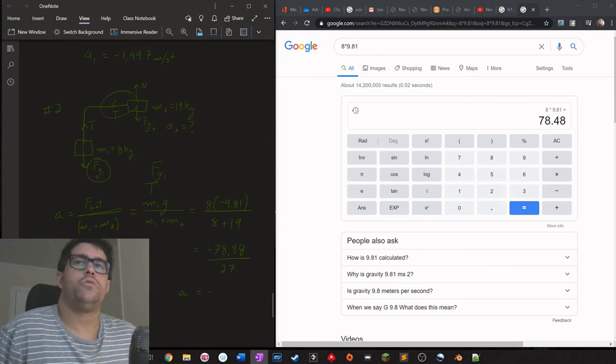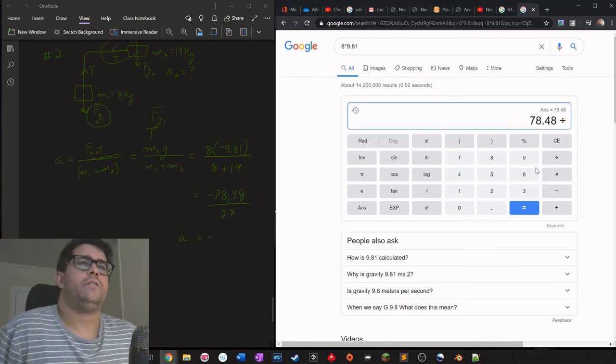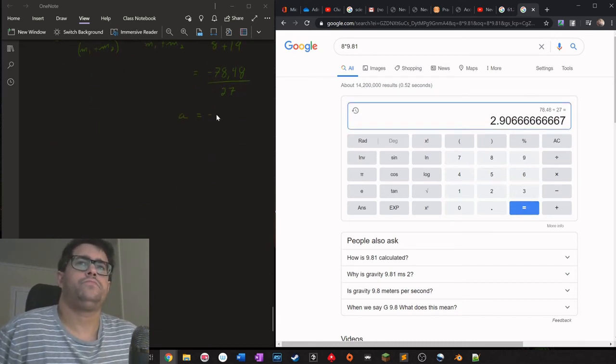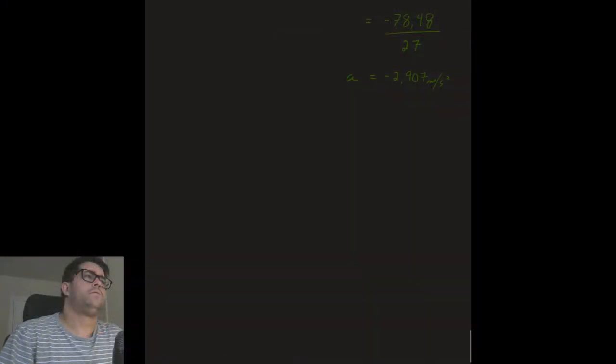Both of these masses' acceleration is found right here. 78.48 divided by 27 equals 2.907 meter per second square. Why is this not good enough? This is good enough.